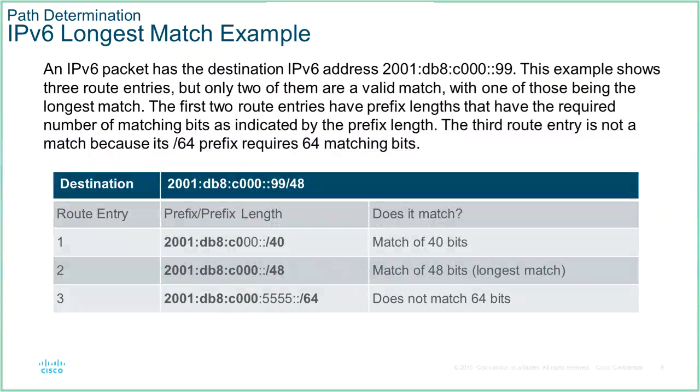If you try to match any more than the 48 bits, you're actually looking at the host portion. That is not used in routing determination. Only the network portion of an address is used to determine the path for that packet, because routers only forward to networks.